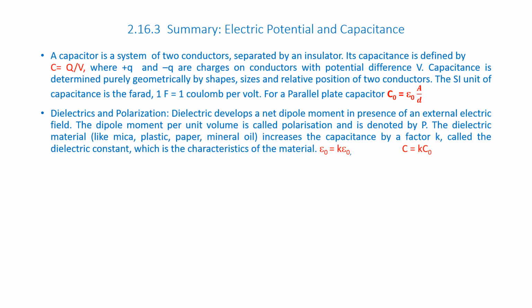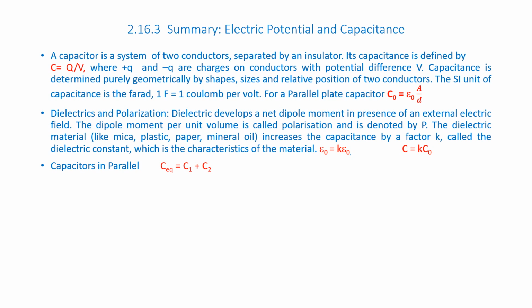Earlier, the permittivity of the vacuum was epsilon naught. Now, after inserting the dielectric, it becomes K times epsilon naught. Correspondingly, the value of C also increases by a factor K. Hence, the new capacitance, that is with dielectric, will be C equals K times C naught.